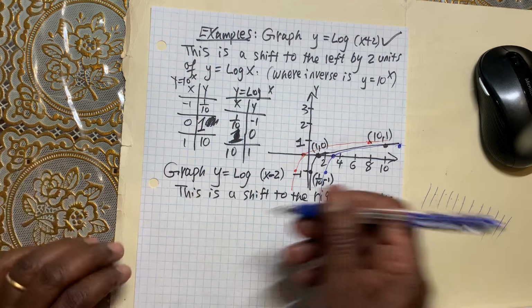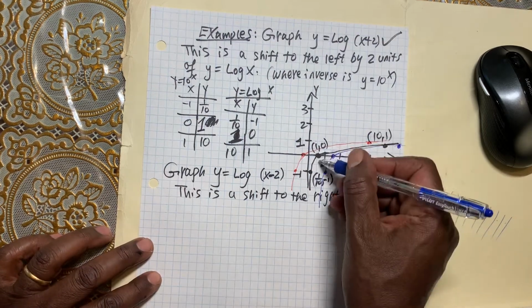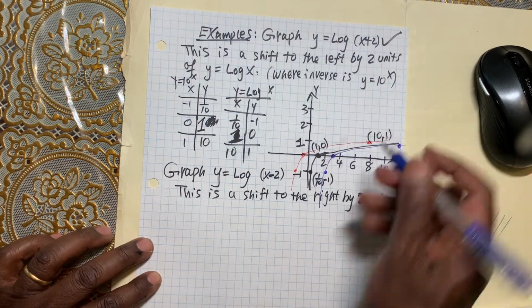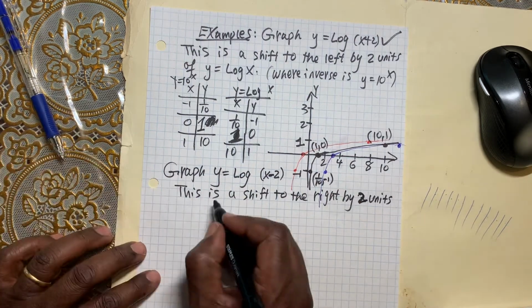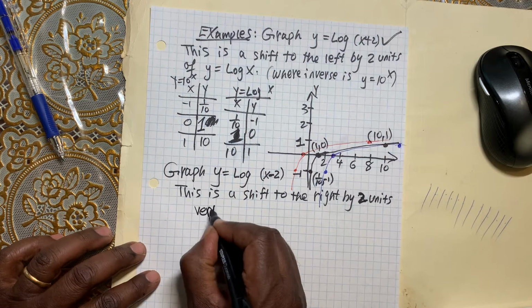Moving up or down is the same way. You are just moving these points up or down. But for instance, the vertical asymptote also moves.